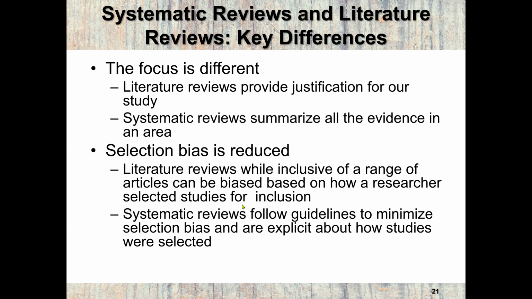Selection bias can be an issue with a literature review, since inclusion of a range of articles can be biased based on how a researcher selected studies for inclusion. But systematic reviews follow guidelines to minimize selection bias and are explicit about how studies were selected.